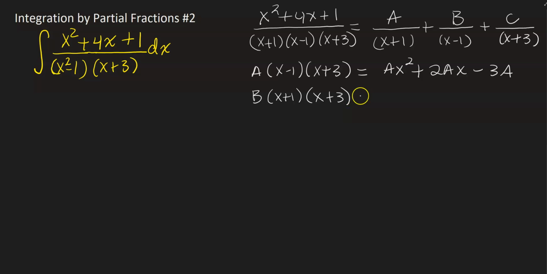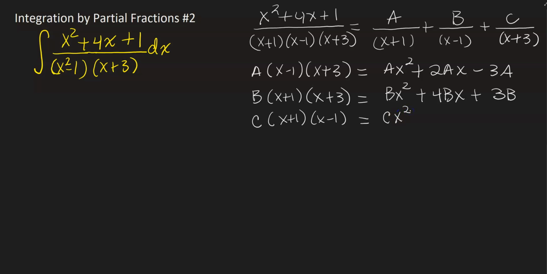So we will then have Bx squared plus 4Bx plus 3B, and then C will need to be multiplied by what's not under C currently, so that would be x plus 1, x minus 1, and that really is just x squared minus 1, so you will have Cx squared minus C right there. Okay.